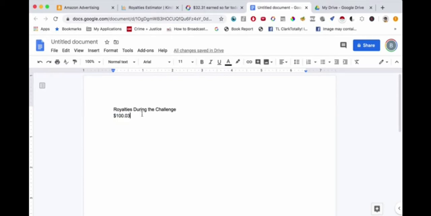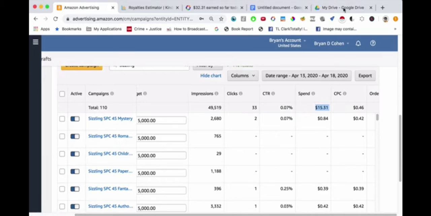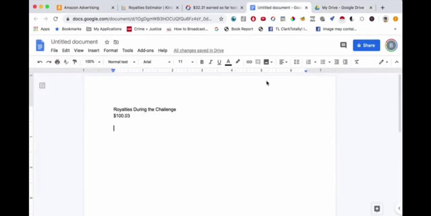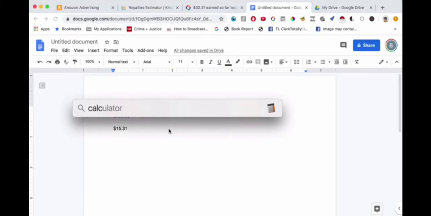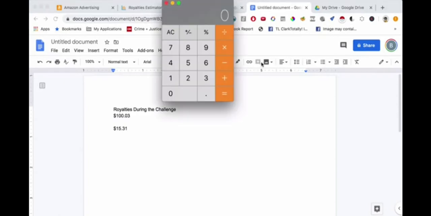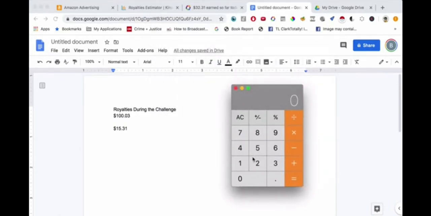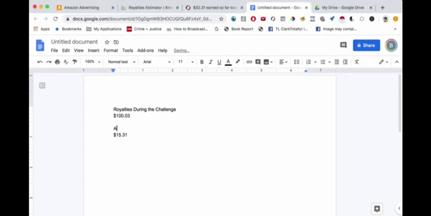So, sorry again for cheating. And then we go to the ad spend, which is just 15.31. So we get out our trusty calculator. That's what it's called, right? A calculator. 100.03. Let me label this. Ad spend during the challenge.